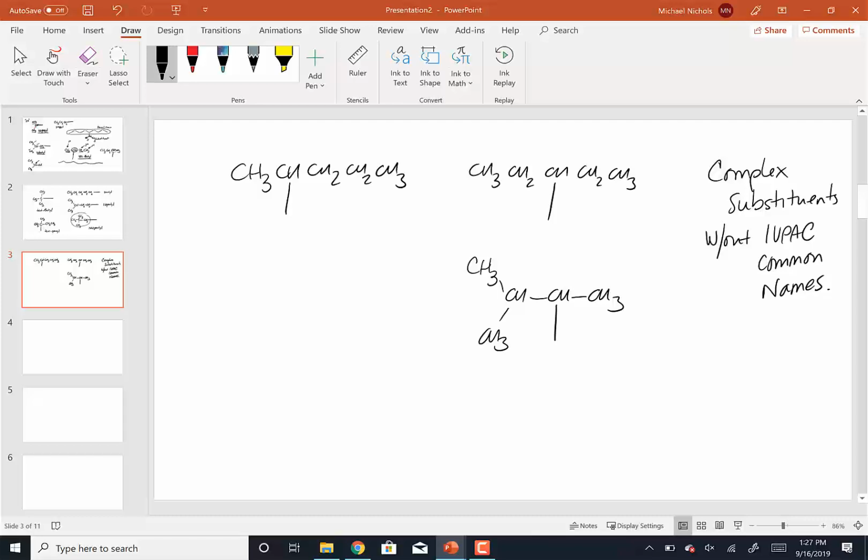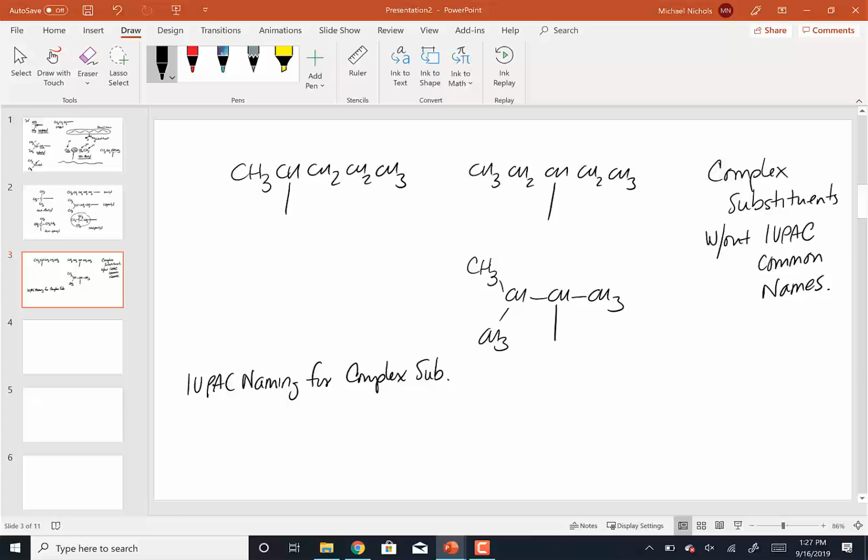So these are groups that don't have a name that's been accepted by IUPAC. So in order to name these, you need to follow the IUPAC naming for complex substituents. A complex substituent is one that doesn't have a simple name, like neopentyl, isopentyl, etc.